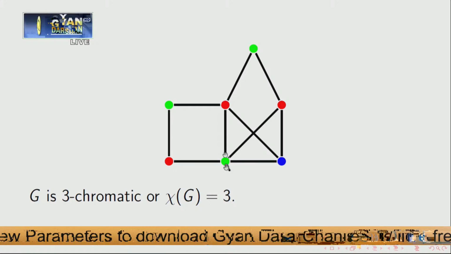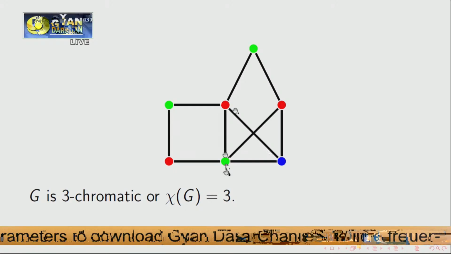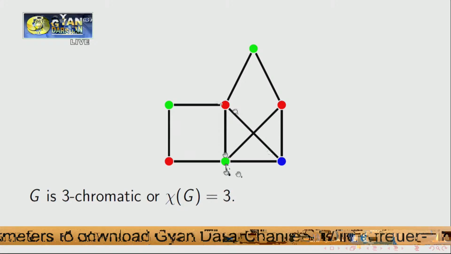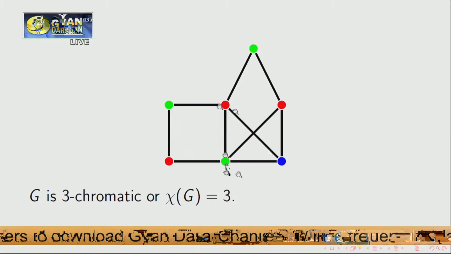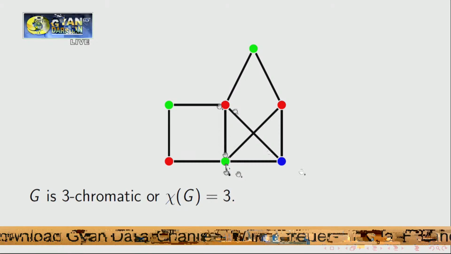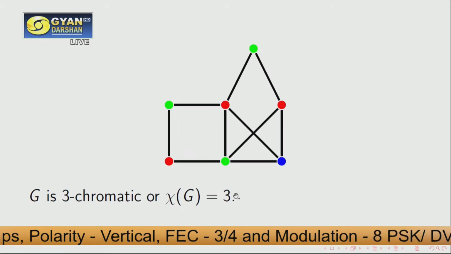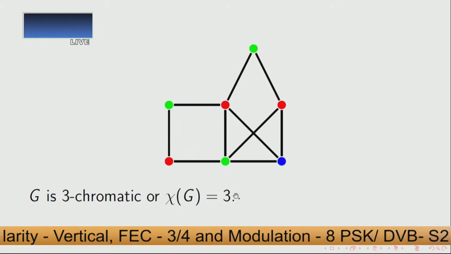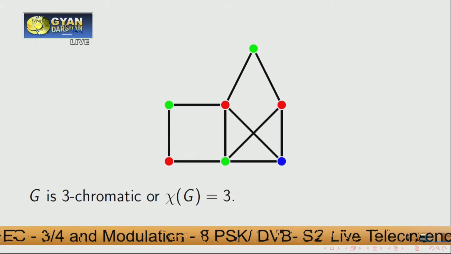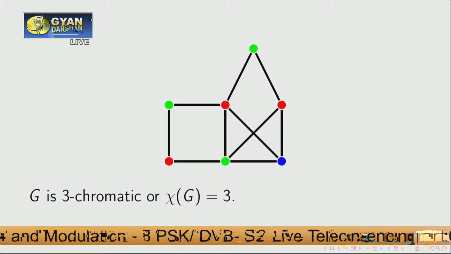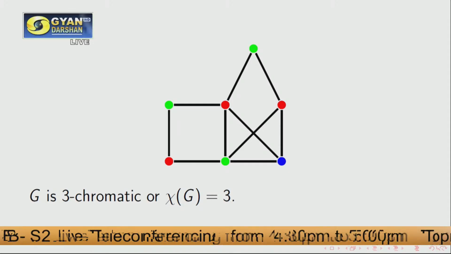The 3 vertices are adjacent to each other, and therefore in any vertex coloring they must get distinct colors. So 3 is the minimum number of colors required to color this graph, and we have seen that 3 is also the maximum. Therefore this graph requires exactly 3 colors, and hence it is 3 chromatic, or 3 vertex chromatic.